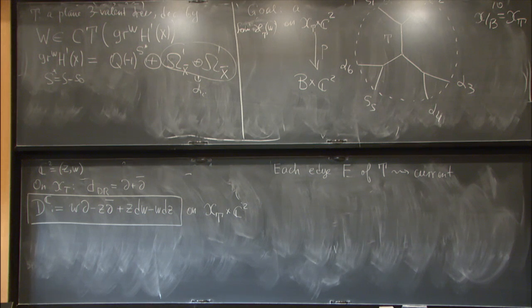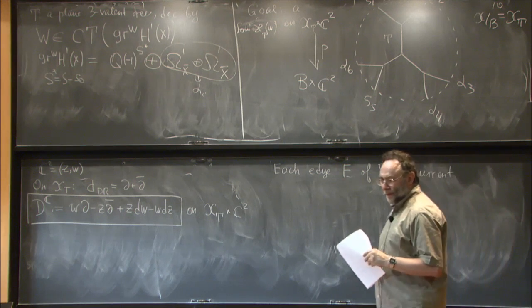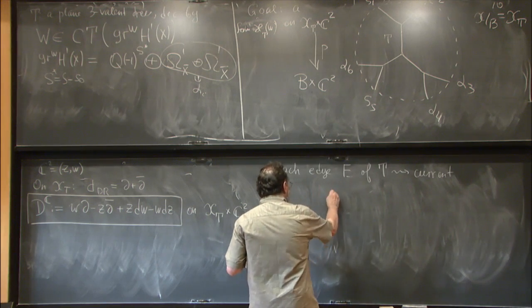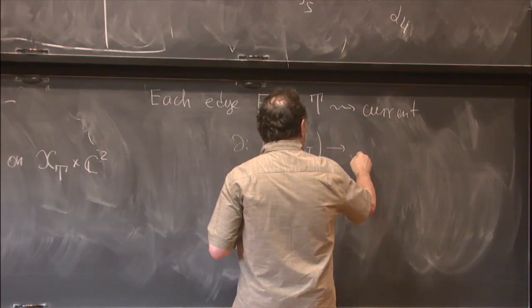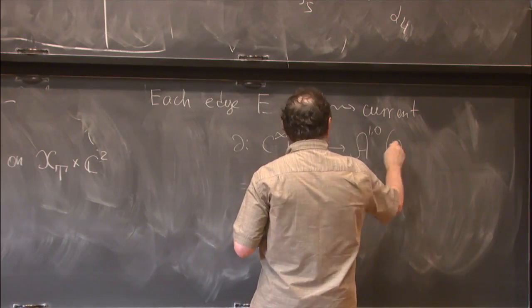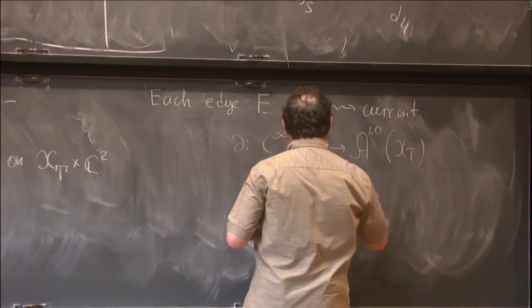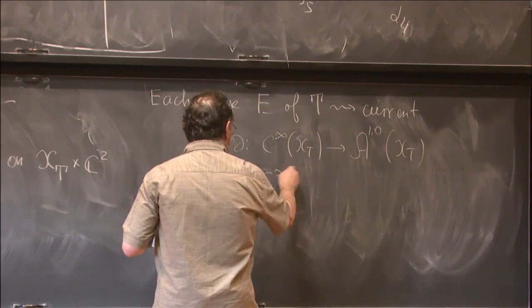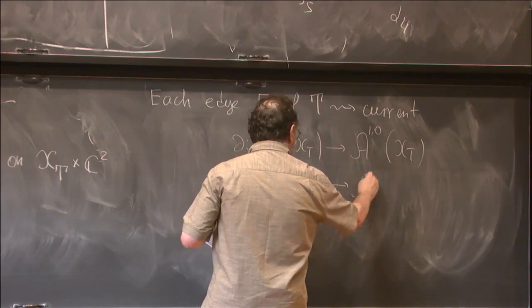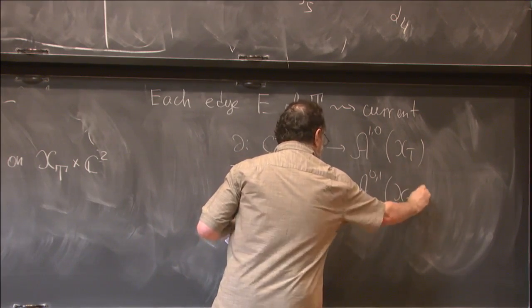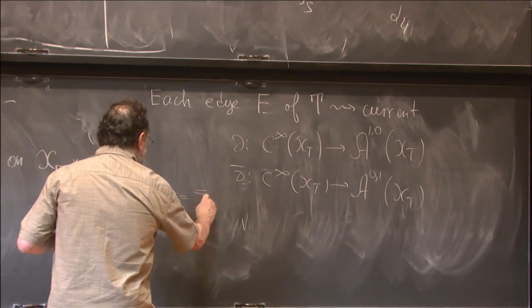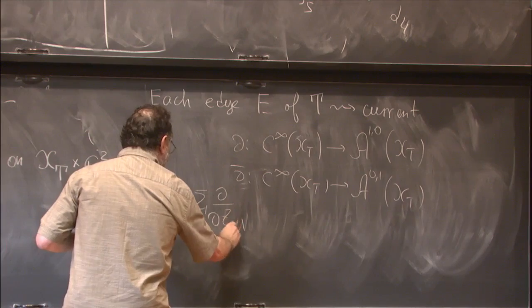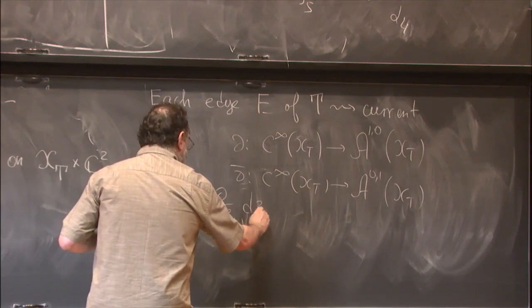Their sum is the de Rham differential operator d. So d maps from C infinity functions on xt to C infinity one forms on xt, and d bar maps from C infinity functions on xt to (0,1) forms on xt. This is just d is the sum over d over dzi, dzi.